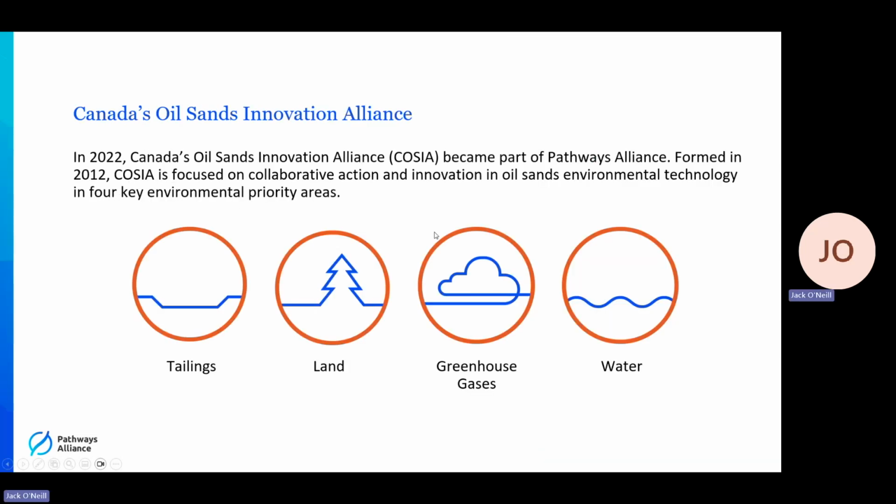COSIA, Canada's Oil Sands Innovation Alliance, formed in 2012, focused on collaborative action and innovation in oil sands environmental technology in 4 key environmental priority areas: tailings, land, greenhouse gases, and water. In 2022, COSIA became part of the Pathways Alliance.